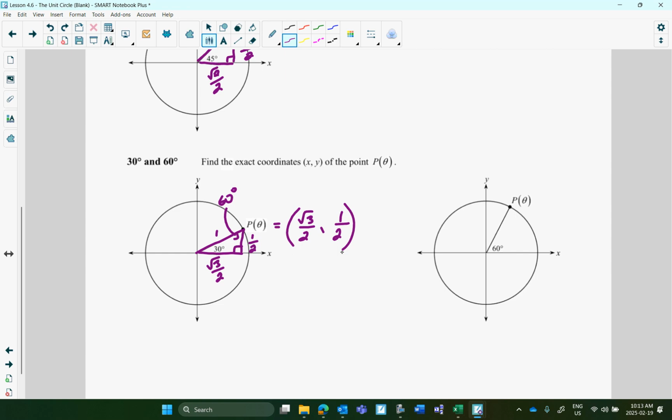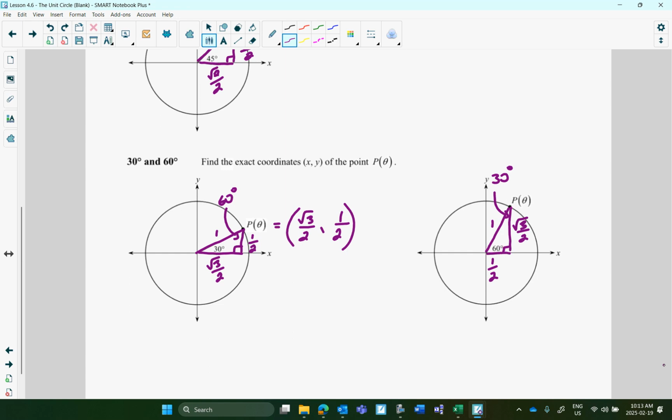Now, if we rearrange that 30, 60, 90 again and fit it in like this, so this is going to be 1. This is going to be 30 degrees. Well, the legs switch, right? The horizontal one is now 1/2, and the vertical one is now root 3 over 2, because we reoriented the right triangle.